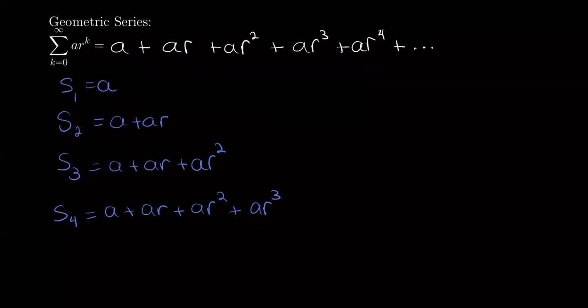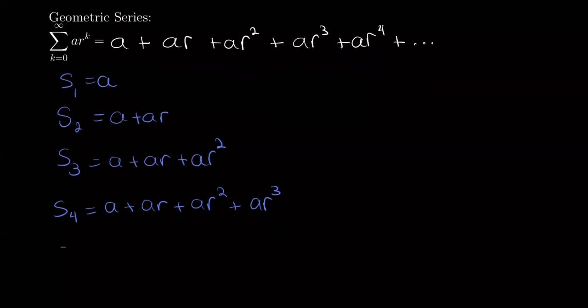What I want to do now is come up with a formula for S sub n. And I'm going to do that by recognizing a pattern. I noticed that S sub 2 went up to r to the 1. S sub 3 went up to r squared. S sub 4 went up to r cubed. So S sub 5 would go up to r to the 4th.